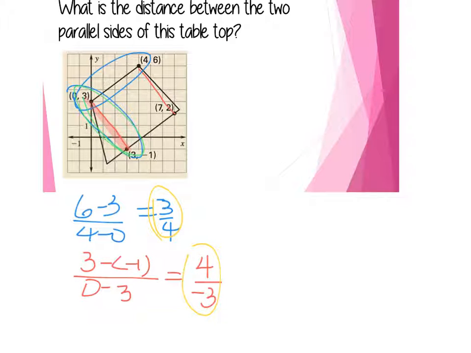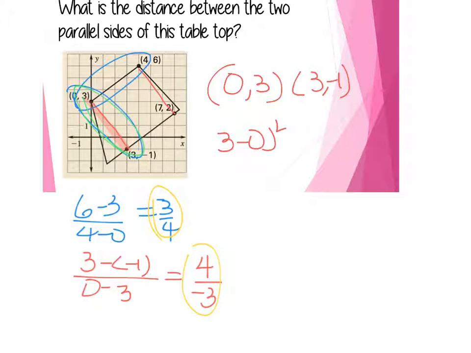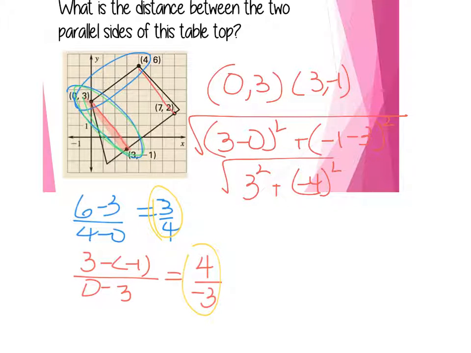So again, I'm going to use the distance formula. I'm going to use the ordered pair 0, 3 and 3, -1. I'm going to do 3 minus 0 squared plus -1 minus 3 squared, all under a radical: 3 squared plus -4 squared, 9 plus 16, 25, square root it.